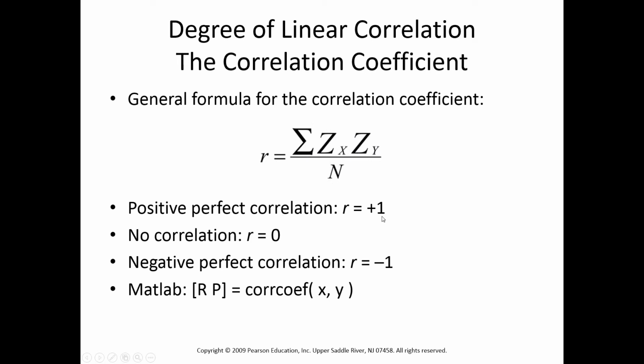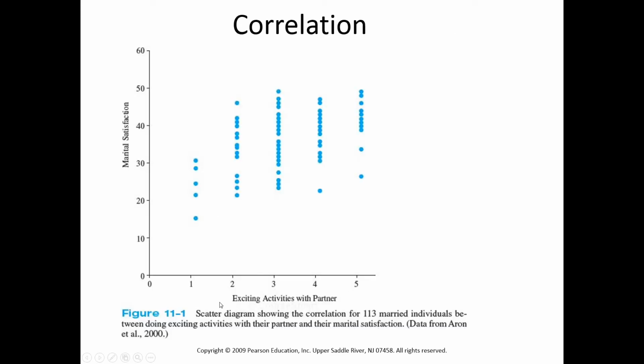The maximum value of the correlation coefficient is 1, so it is perfectly correlated. 0 means no correlation, and -1 is negative correlation. And in MATLAB, you can apply the corrcoef function, which will calculate the correlation coefficient. It can give you the value of the correlation coefficient and also its significance.